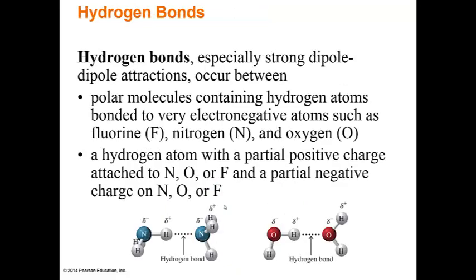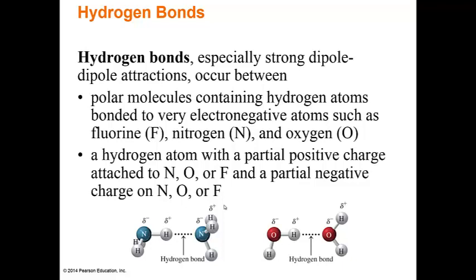So hydrogen bonds, an especially strong dipole-dipole attraction, occur between polar molecules containing hydrogen atoms bonded to very electronegative atoms such as fluorine, nitrogen, and oxygen. These hydrogen bonds are what we use to make plastics and polymers.